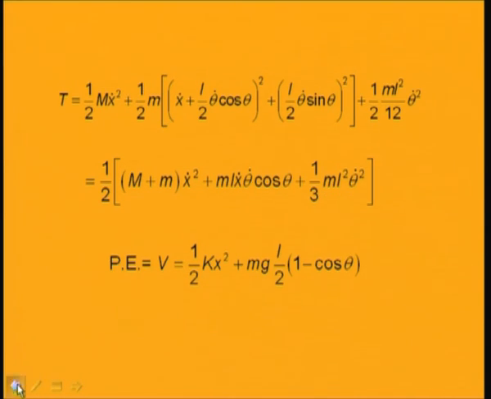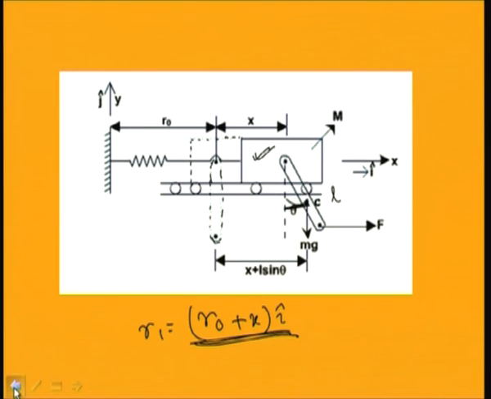And potential energy of the system. So, potential energy of the system is due to the spring and due to the change in position of this rod. So, due to the spring it becomes half k, as the change in distance of the spring, or displacement of the spring, is x. So, half k x square.